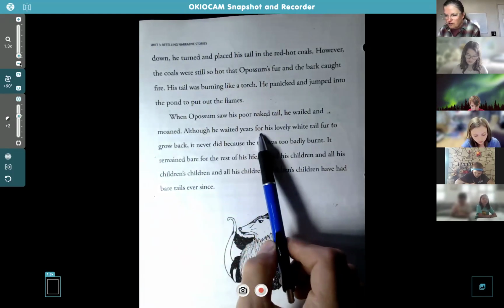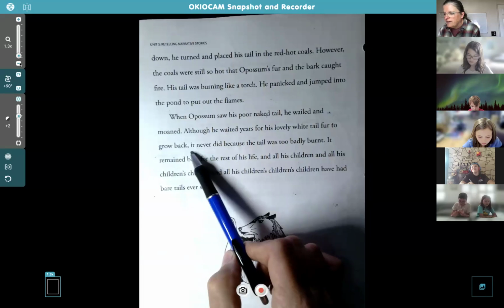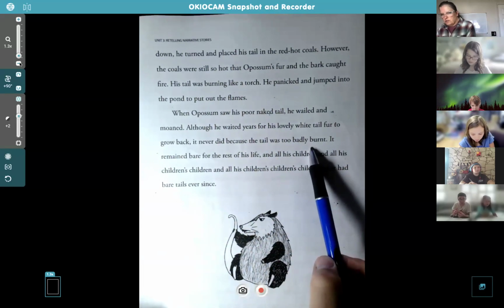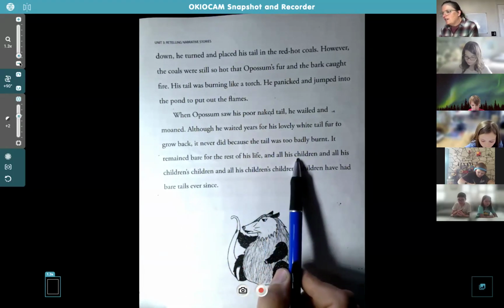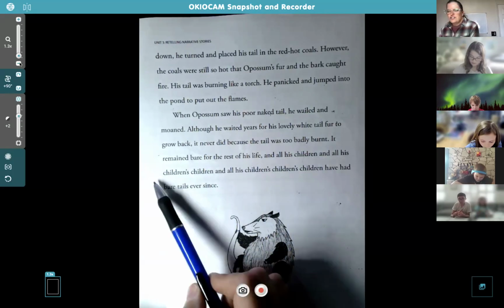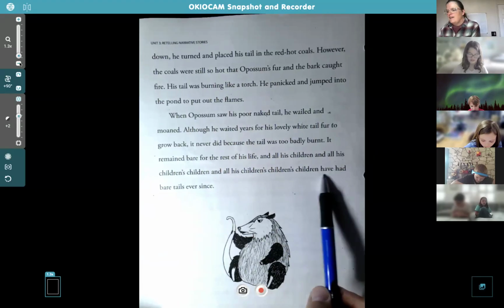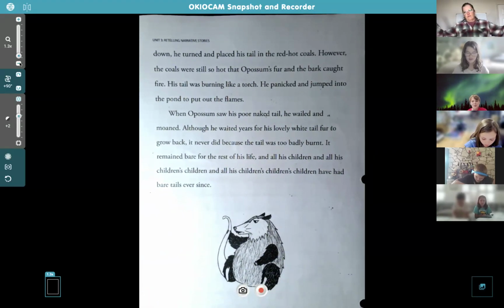Although he waited years for his lovely white tail fur to grow back, it never did because the tail was too badly burnt. It remained bare for the rest of his life, and all his children, and all his children's children, and all his children's children's children have had bare tails ever since. There you go. That's what they say.